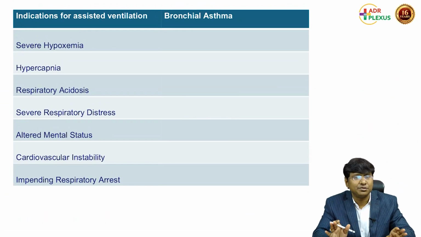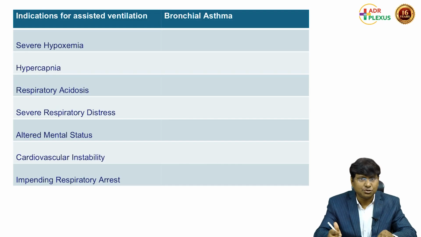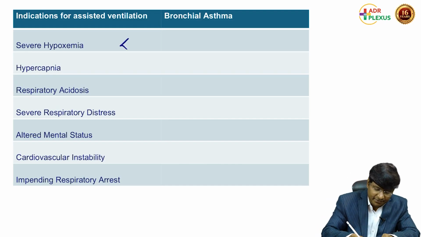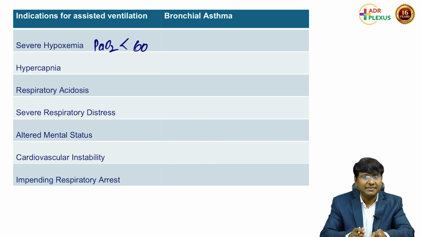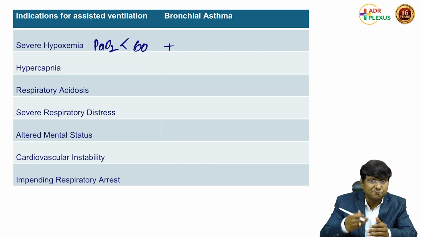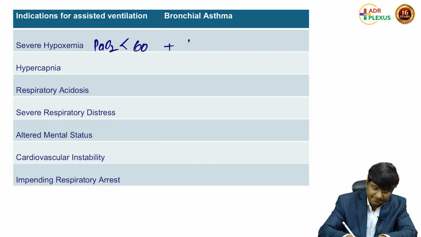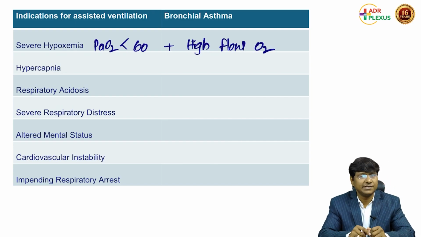Number one, there should be severe hypoxemia, where the partial pressure of oxygen is less than 60 millimeters of mercury despite high flow oxygen therapy.